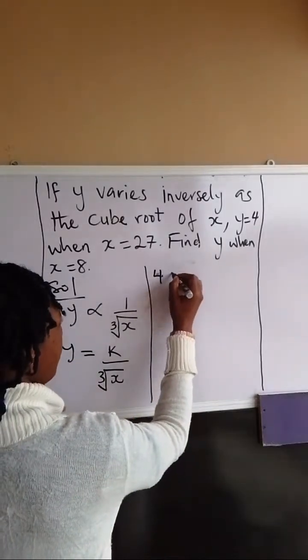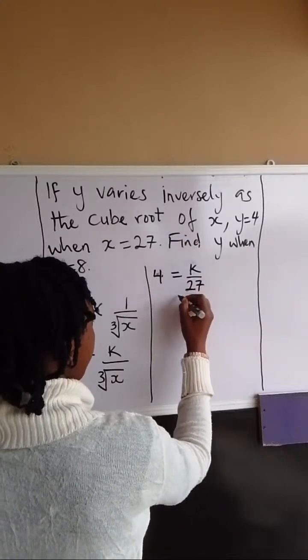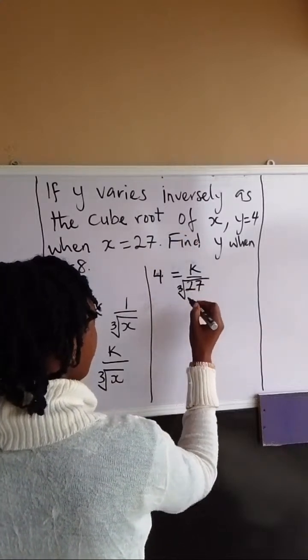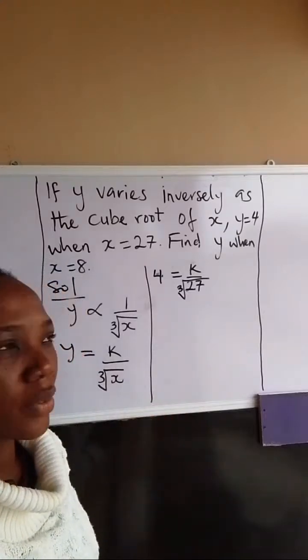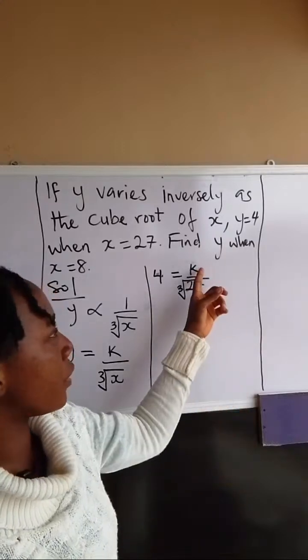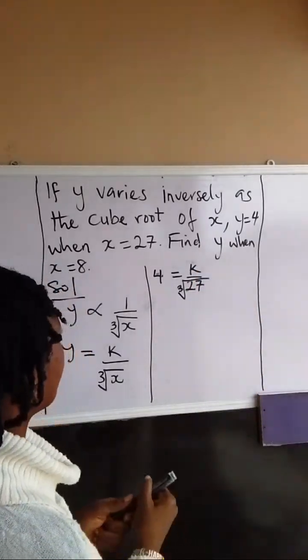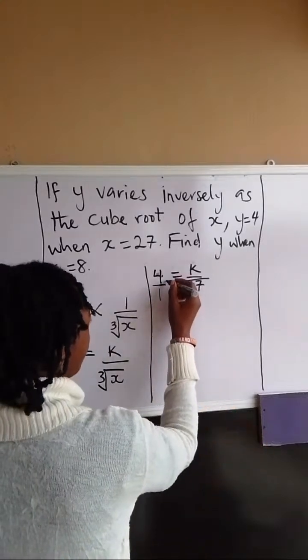y is 4 when x is 27. Remember, cube root. So these two values are going to help us look for the value of our constant k. Are we getting it? So now we cross multiply.